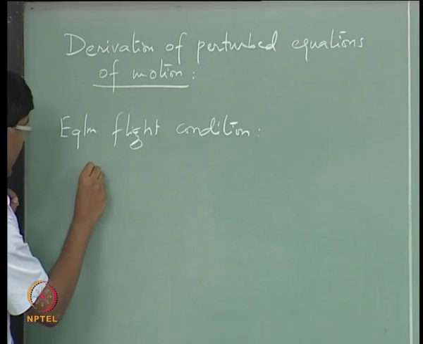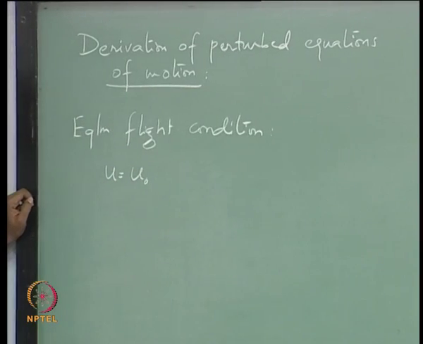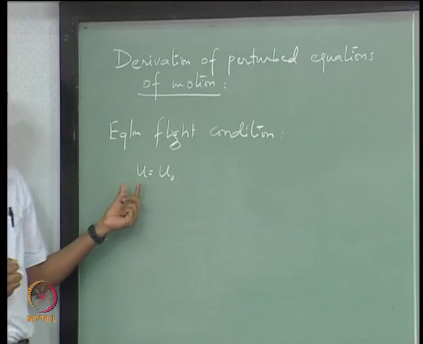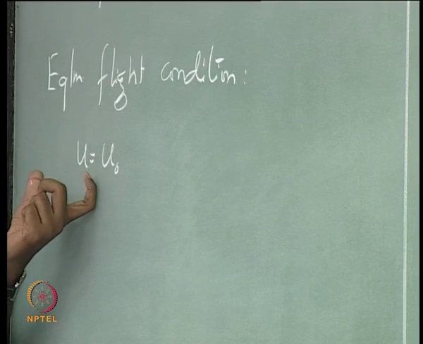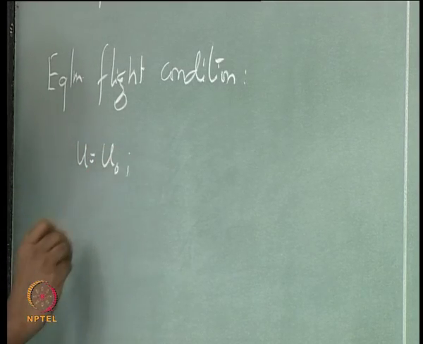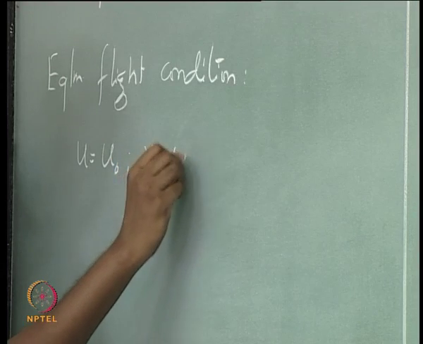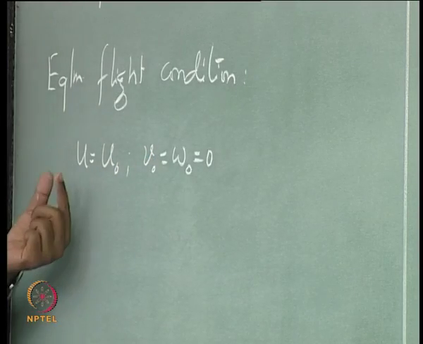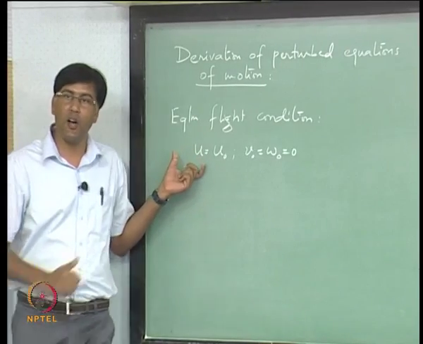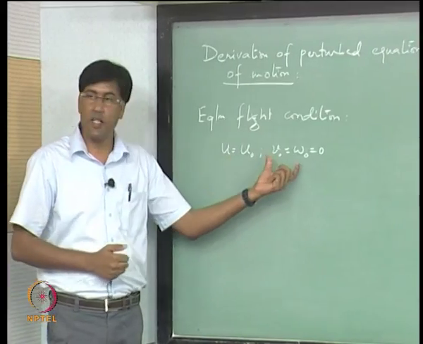Let us say aircraft is flying with the speed u equal to u naught. So, aircraft has non-zero velocity only in the forward direction, other two velocities are 0.